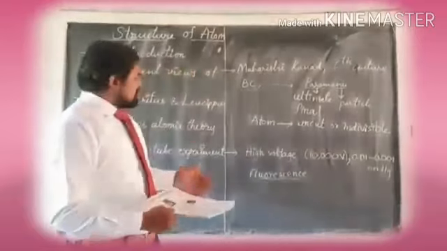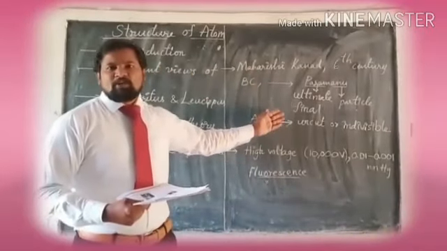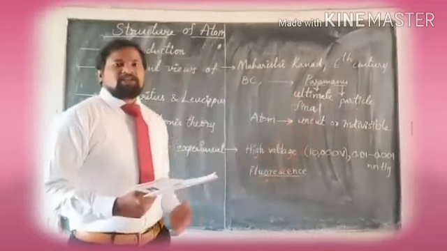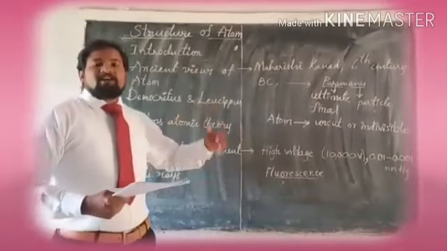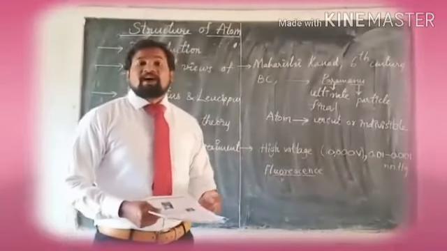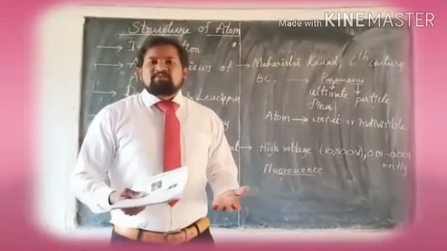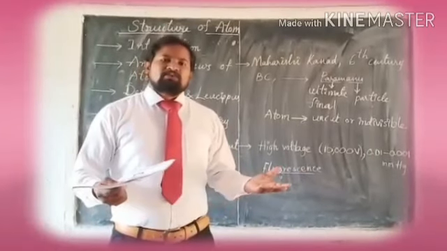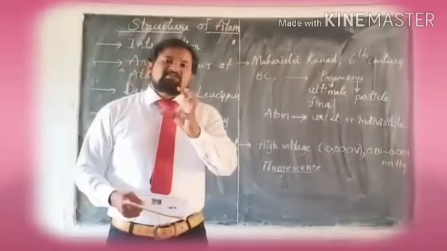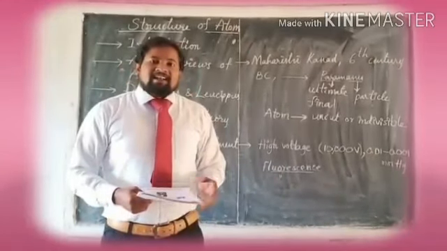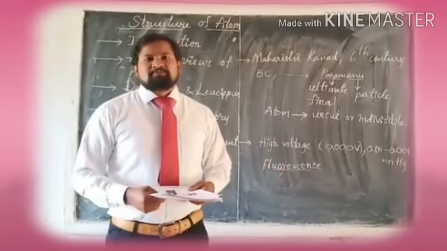Let's see another concept about this atom, introduced by John Dalton after Democritus and Lycurgus. According to John Dalton, atom is the tiniest particle of matter which cannot be divided further into any species. It is the finest, it is the smallest, and along with this he introduced other postulates also.